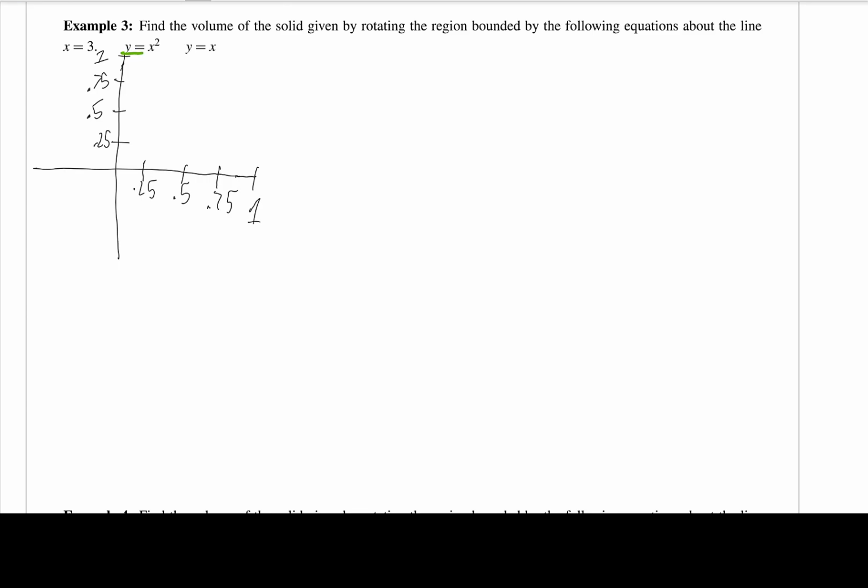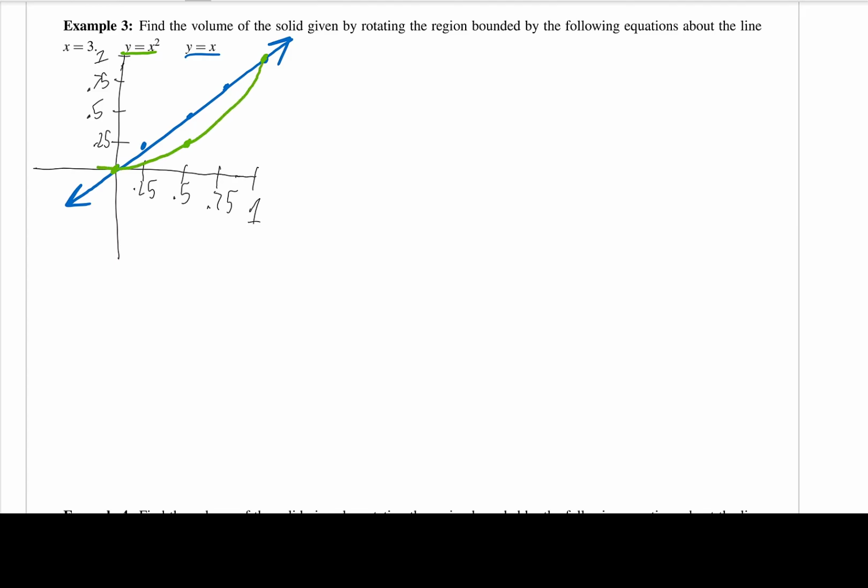So let's see, if we have, this is y equals x squared, this is going to be y equals x. Y equals x would be something like this. Y equals x squared. So let's see, we'd have a point right here for sure. This would come here. Then we'd meet back up again here.